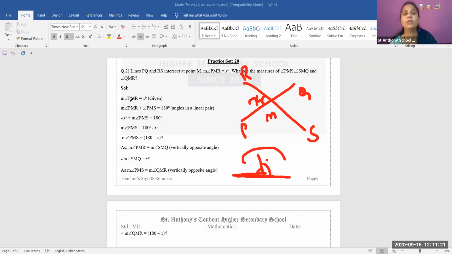Therefore, the value of PMR is X degree, plus angle PMS equals 180 degree.